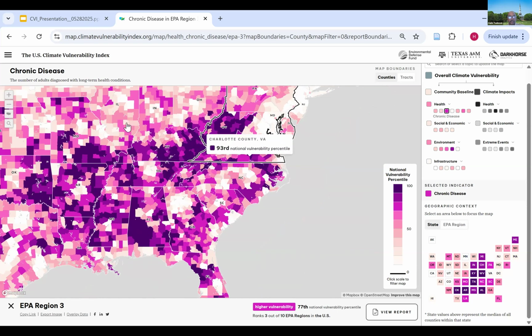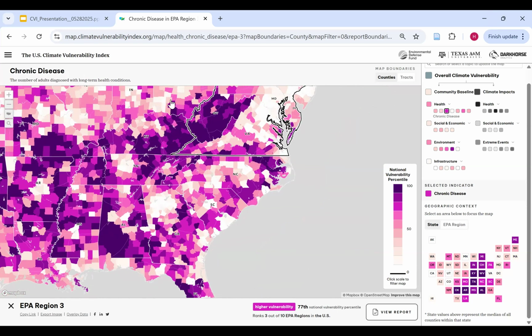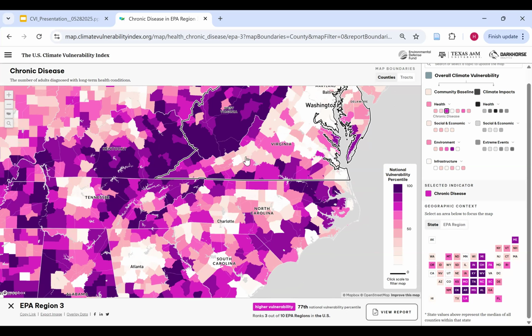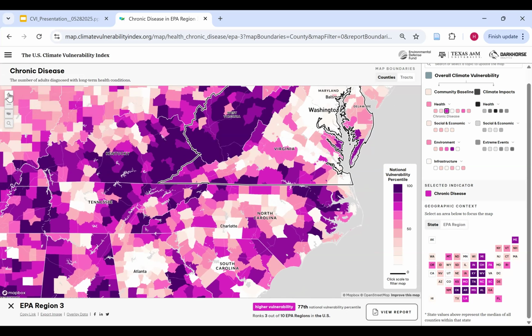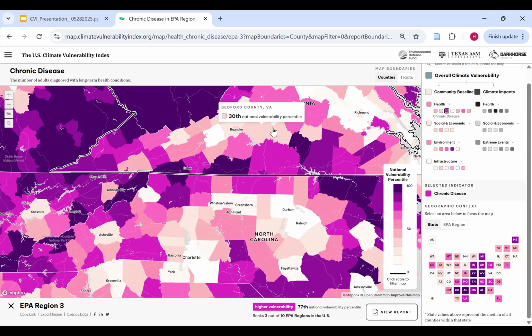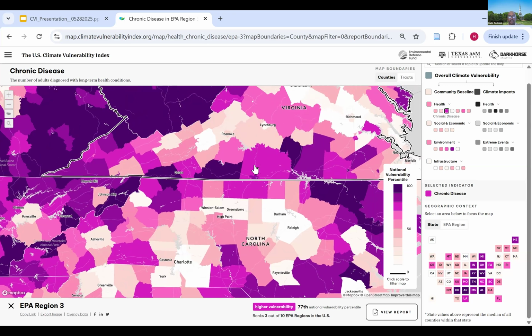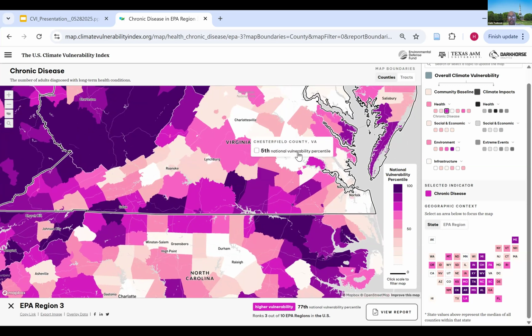Okay, Virginia. Petersburg is next to Prince George County, but it is not in Prince George County. It's south of Richmond. That says Richmond City, and I'm looking for Petersburg City.